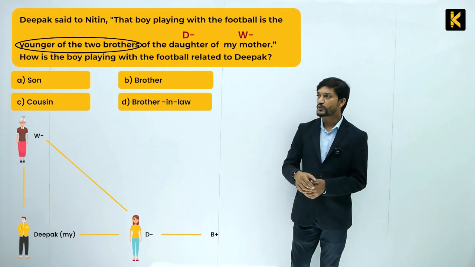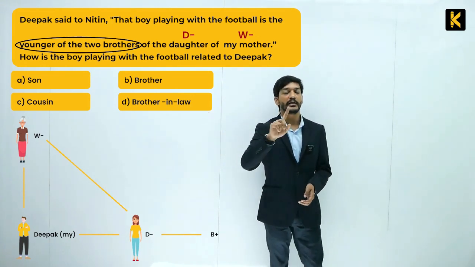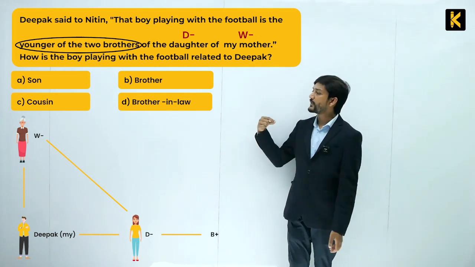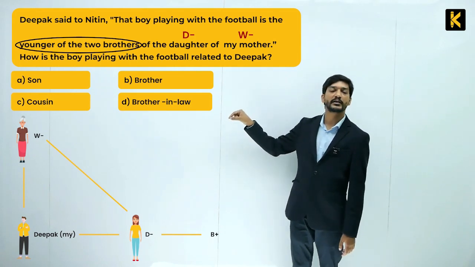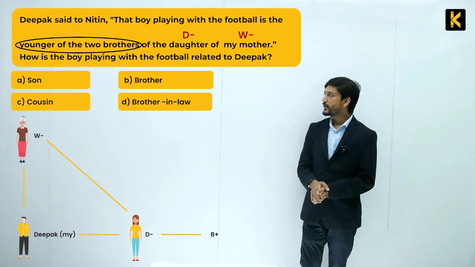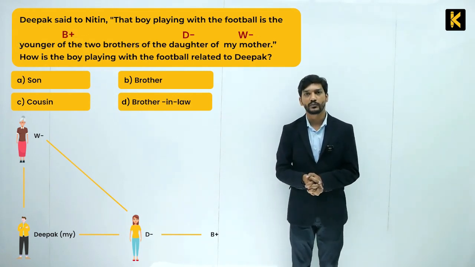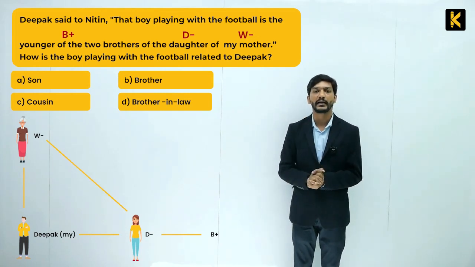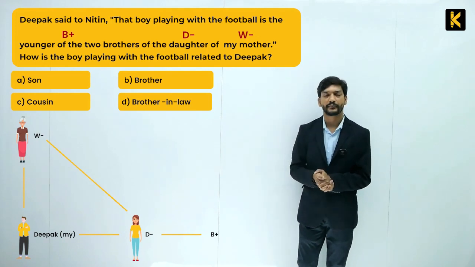So Deepak is not the younger brother. Deepak is the elder brother and this B plus is the younger brother. Let me show it in the statement that the younger of the two brothers is represented by B plus in the diagram.